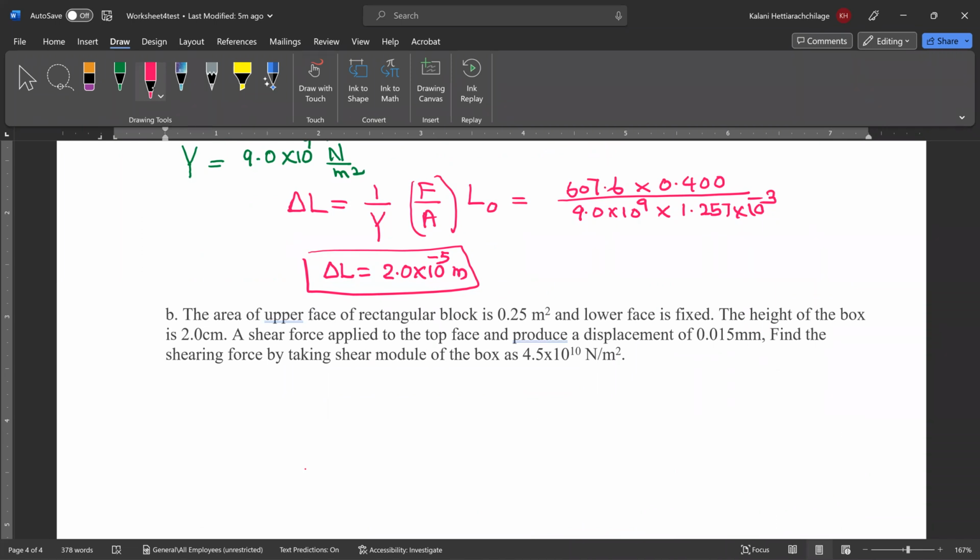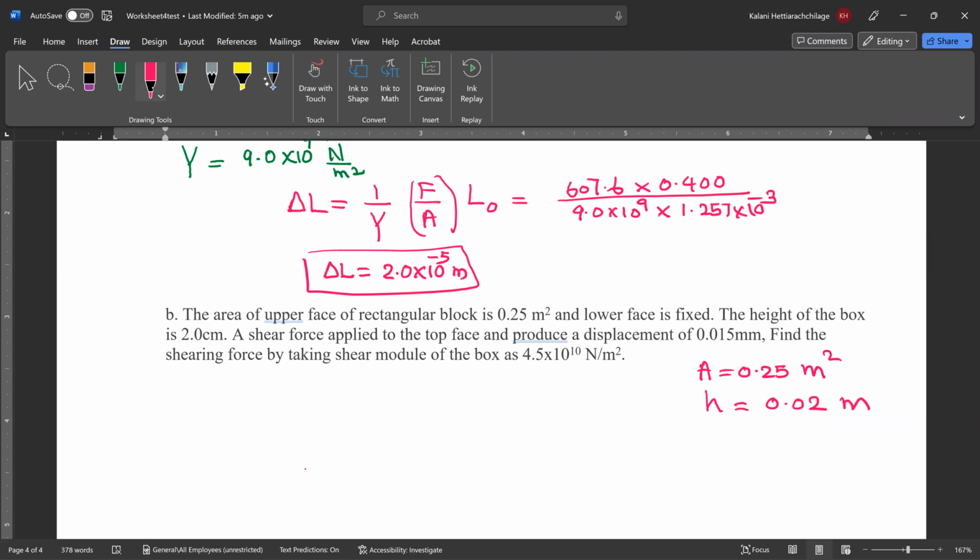The cross section A is 0.25 in SI units, meter squared. The height of the box, I'm going to write H. The height of the box is 0.02 meters.